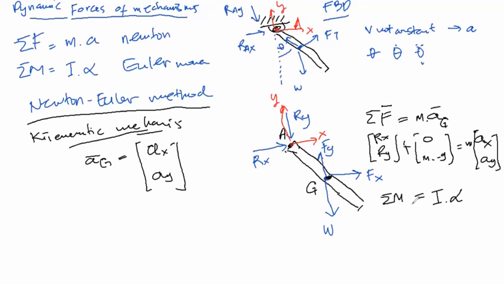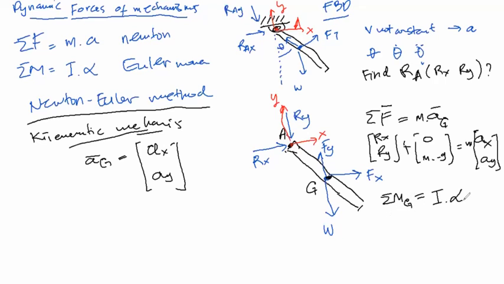Is it with respect to point G or with respect to point A? It is up to you. It depends on the question. Let's say the question is find the reaction force at point A. So it means you should find both Rx and Ry. If you want to find both, it means I don't want to know about Fy and Fx. So I will simply type here, sigma moment at point G.